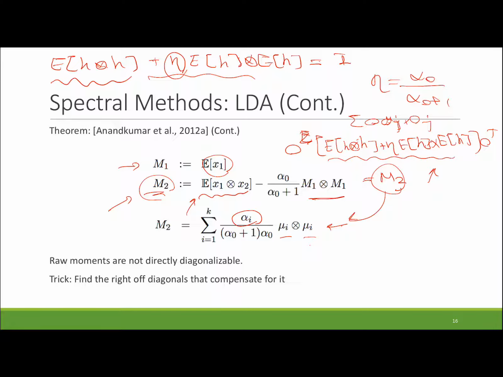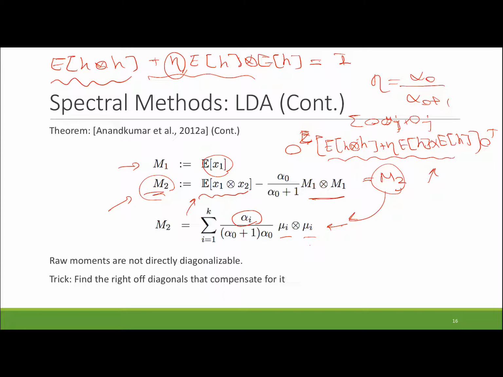You can compute all of the pairwise to get M2. And then M2 is just a subtraction of this. And that's it. So the correction for M2 is just to remove the spurious correlations? Yeah, exactly. Because you say that conditioned on the topic, everything would be uncorrelated. Yeah, exactly. That's how it works.